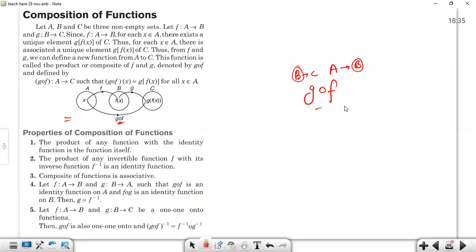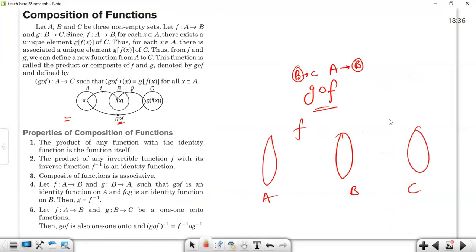Then only G of F will be defined. How will it be done? First of all, we will map the F relation from A to B. Then we'll map the function from B to C, that is our G relation. And this is the composition relation of G of F. Okay, that's how they have done so. Clear? Yes, sir.